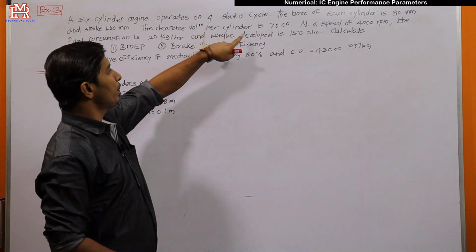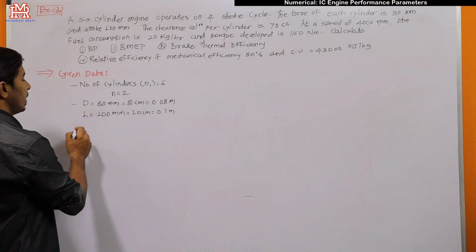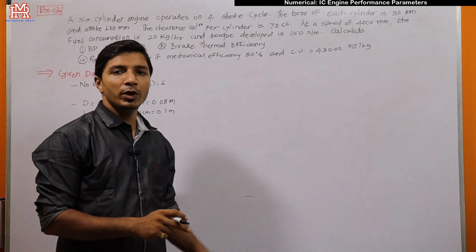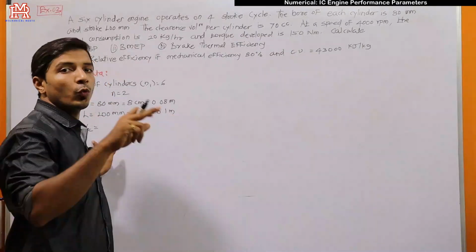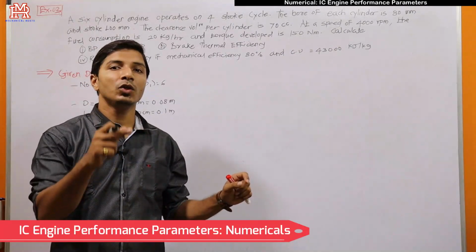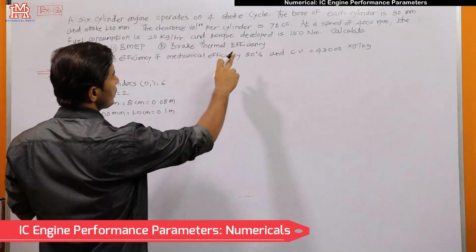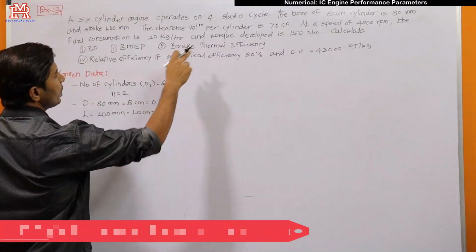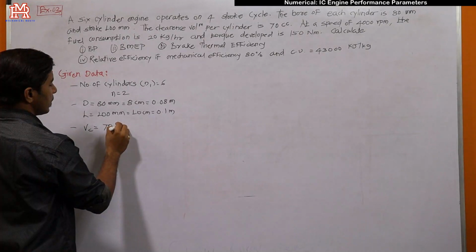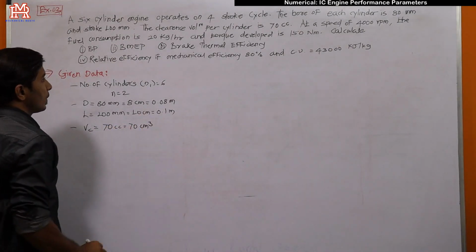The clearance volume per cylinder is a different parameter which has been included in this numerical. We know that for clearance volume we use VC, and for swept volume, that is nothing but the cc of that particular engine, we use VS. So clearance volume VC is given as 70 cc, which is 70 cubic centimeter.